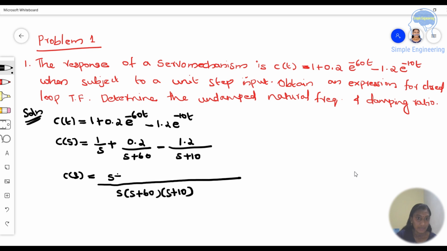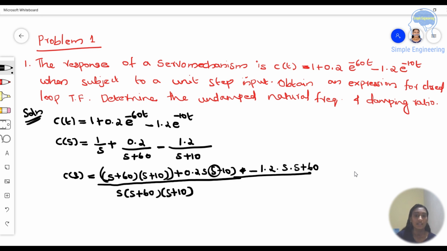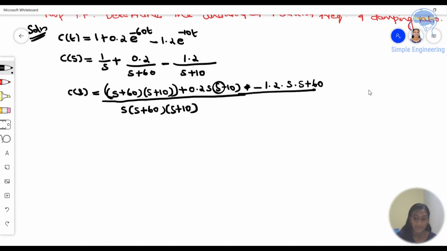Here it will be s plus 60 into s plus 10, plus 0.2 into s into s plus 10, minus 1.2 into s into s plus 60. This we have to simplify.